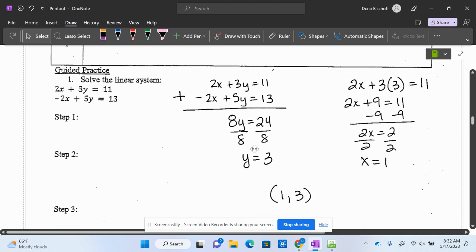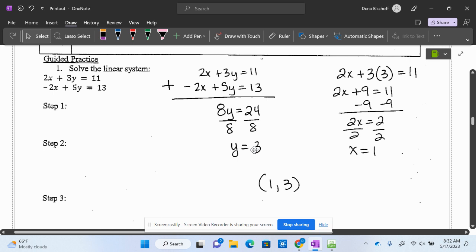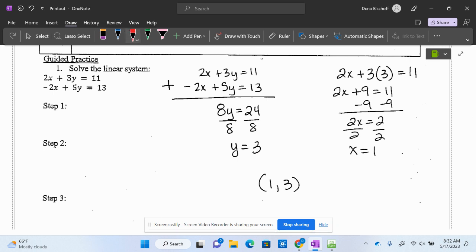So I'm going to walk us through the guided practice. Notice that I have a positive 2x and a negative 2x. They are the same variable, but they're opposites. So when I add these two together, they cancel out. Does everybody see that?